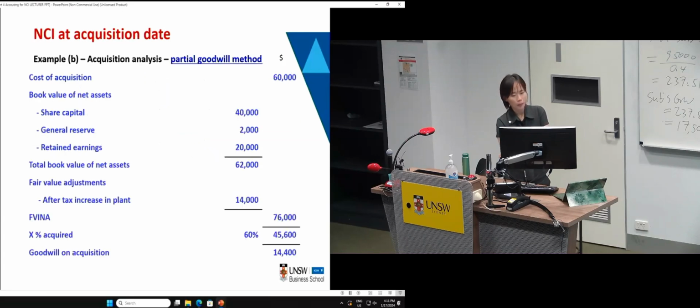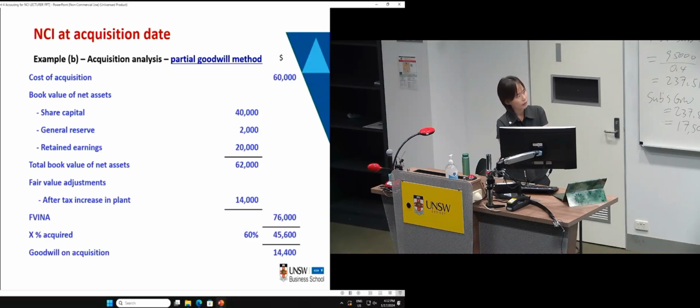If the partial goodwill method is used, we only need to find out the goodwill acquired by the parent. Goodwill acquired by the parent is equal to consideration minus FVNA acquired. The consideration is given as 60,000.